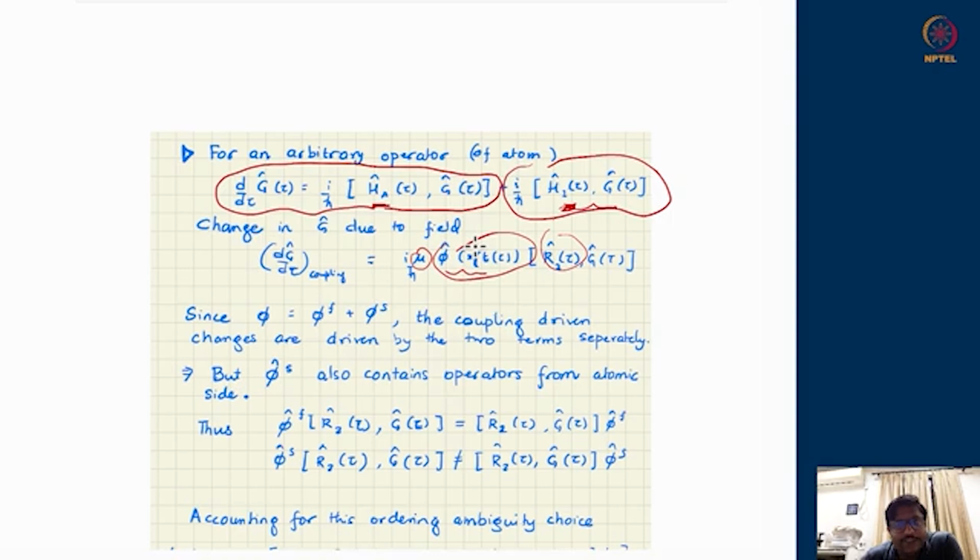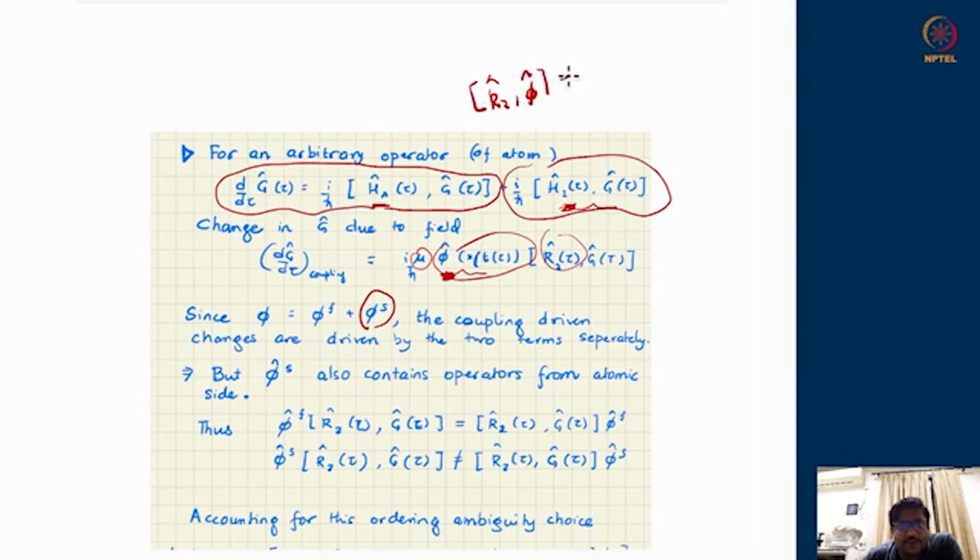In free field theory, phi is completely made of operators which do not care about what state atom is. But now when the interaction is on, this phi, which is written over here, is made up from a piece which also contains an atomic operator. So this time it is no longer true that if I write on the left or the right, it doesn't matter, because this time the commutator of phi going across R2 is non-zero.